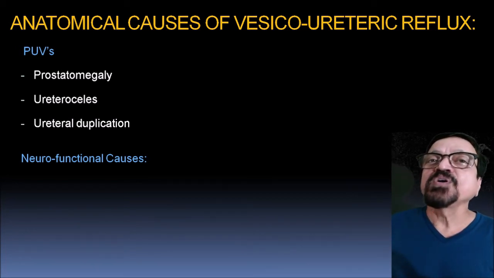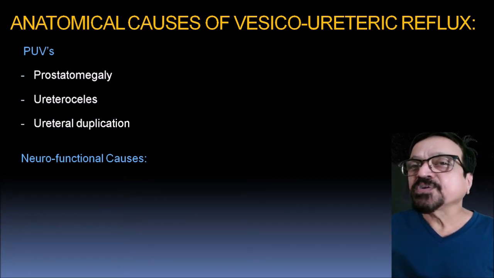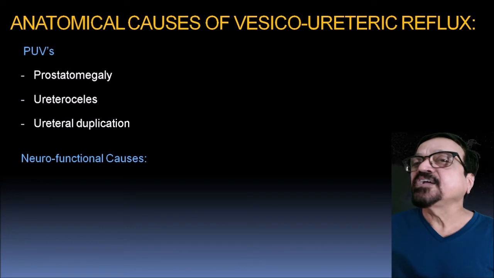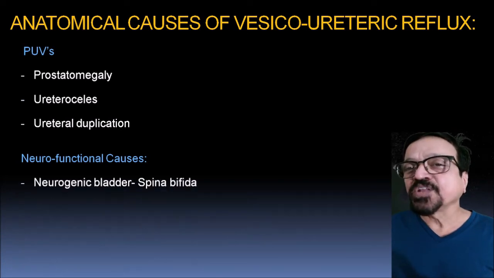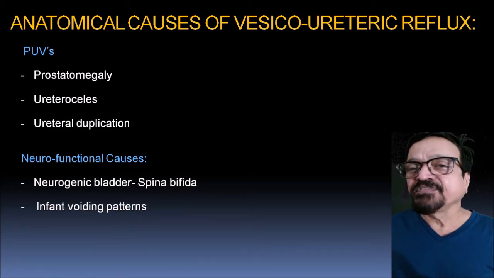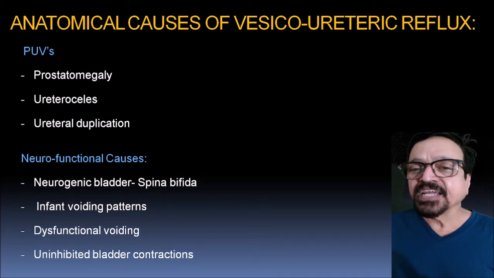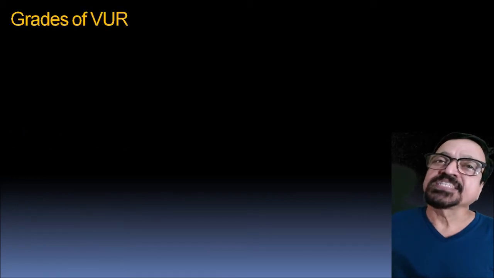These include posterior urethral valves, prostatomegaly, ureterocele and ureteral duplication. Neuromuscular dysfunctions can also cause it, that is neurogenic bladder, spina bifida, infant voiding patterns, dysfunctional voiding and uninhibited bladder contractions.